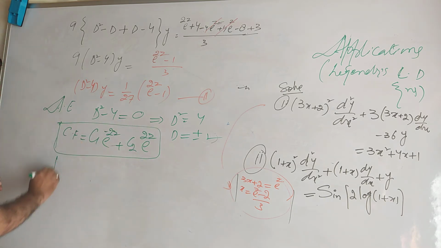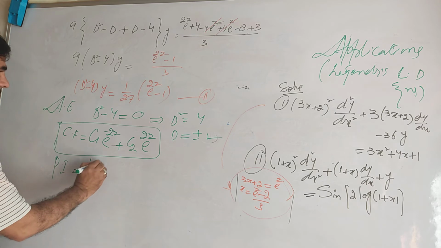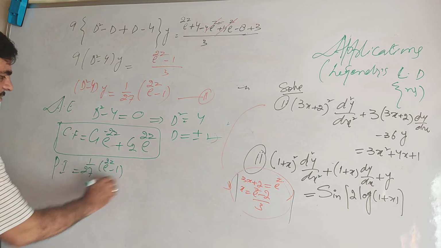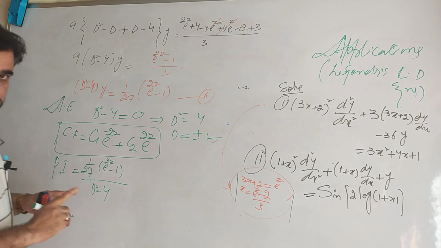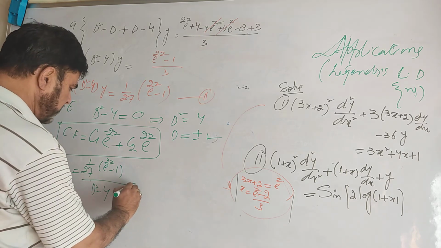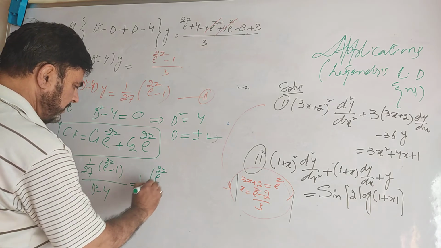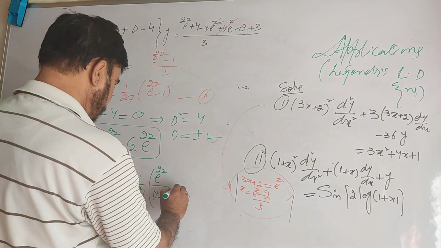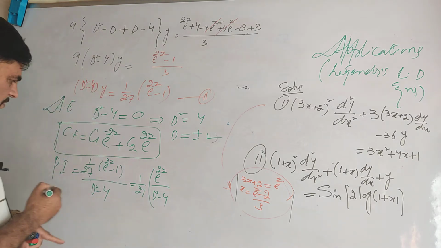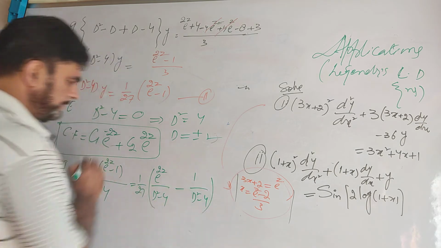Then you have the particular integral. How do you find the particular integral? It is 1 by 27 e raised power 2z minus 1 by D square minus 4. It also gets divided into two parts. One part is 1 by 27 times e raised power 2z by D square minus 4. Second part is 1 by 27, I will write outside, minus 1 by D square minus 4.